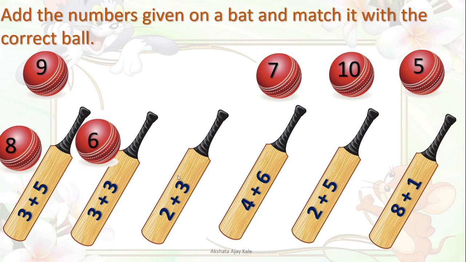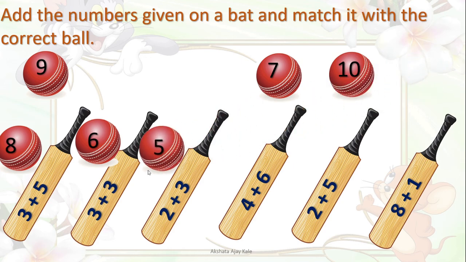Correct? Next is 2 plus 3. 2 plus 3 is equal to 5. Very nice. Where is that ball? Here, last. We'll take this ball near to this bat. Next, 4 plus 6. 4 plus 6 is nothing but 10. Very nice.